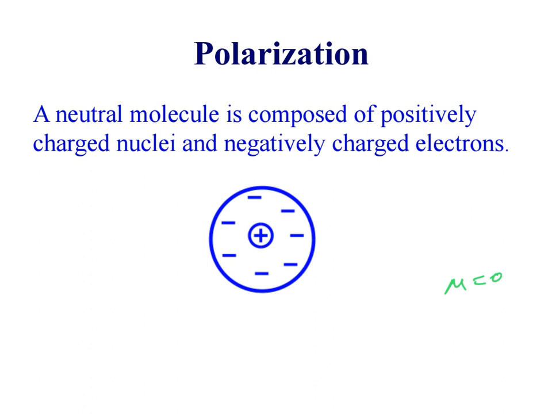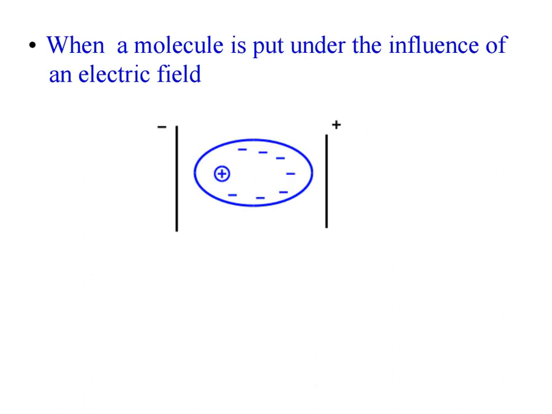Now, in this case, I am taking this molecule, this atom, into an electric field. The molecule which has zero dipole moment, I have now placed in an electric field. I have applied an electric field.